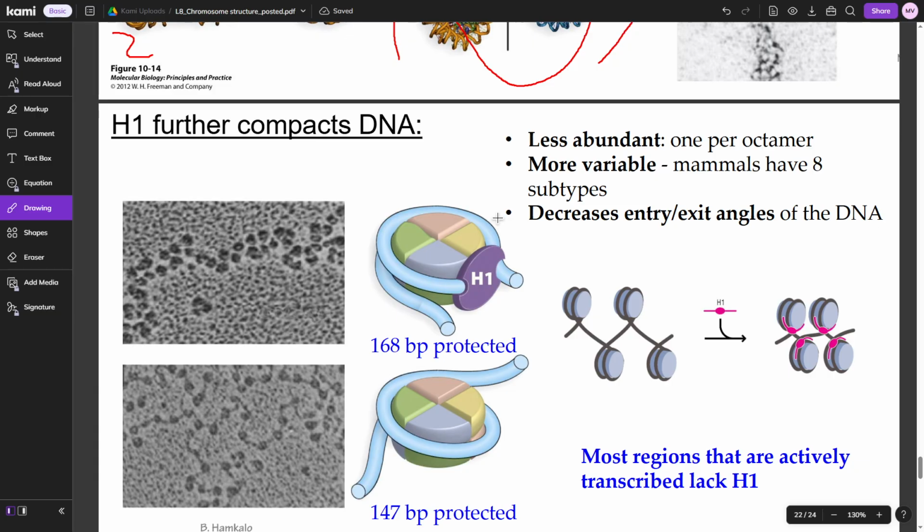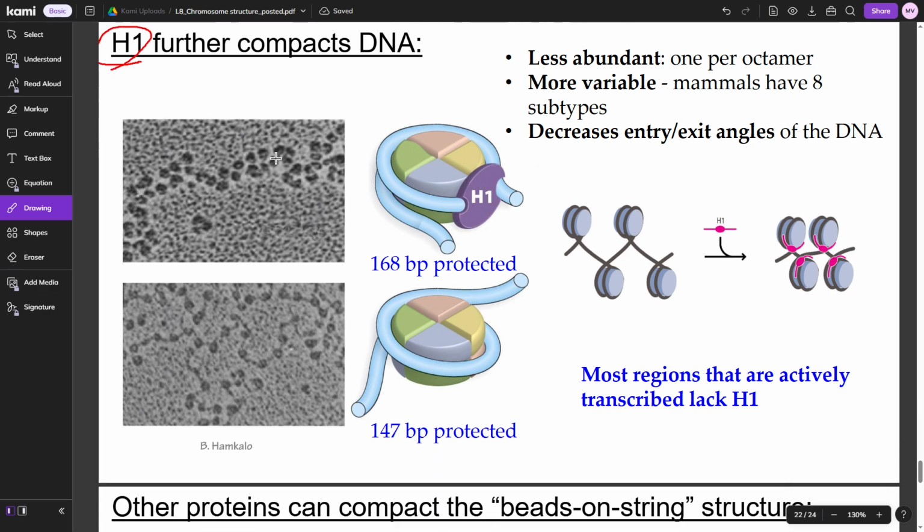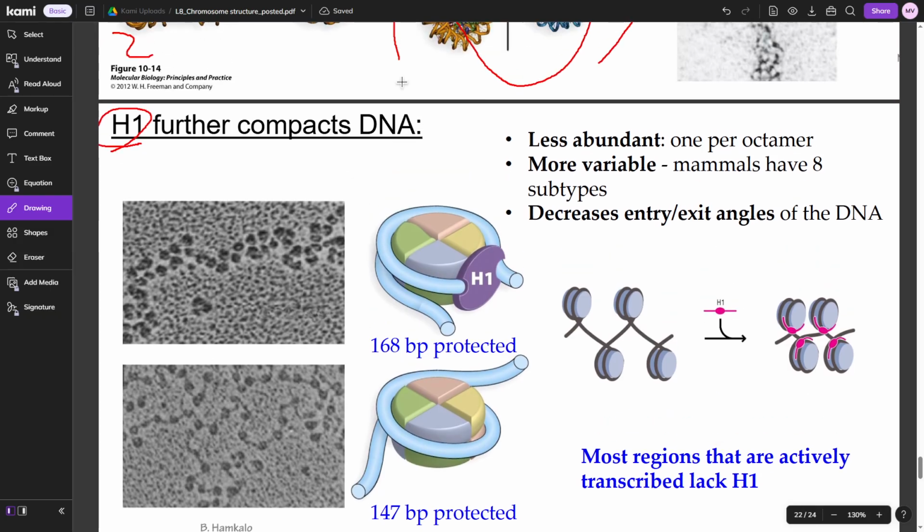There's also one last important part of the histone, and that is going to be the H1 protein, which is histone 1, I believe, if I'm not mistaken. And this H1 is very important for stopping the things within the nucleosome from being transcribed and accessed.